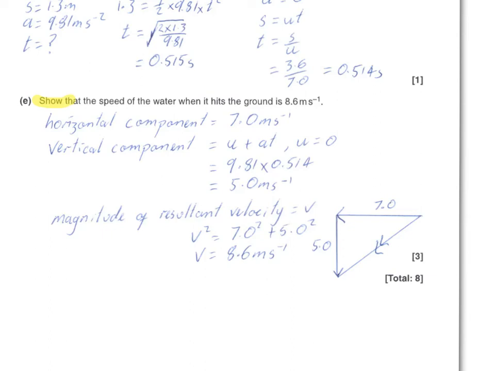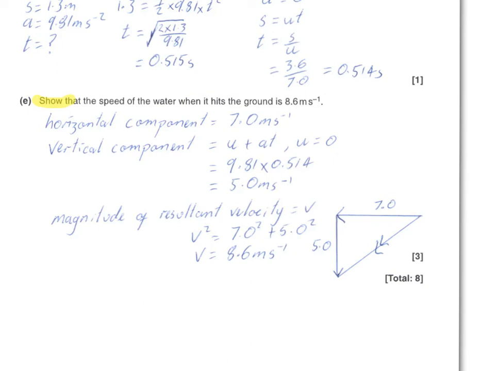But you do have to be very, very careful if you do that, because what you can't do is put in a u of 7. If you put in a u of 7, it happens to give you the right answer of 8.6. But if you're doing that to find out the final vertical component, that's not accurate physics. Vertically, the initial velocity is 0. So if you're using v squared equals u squared plus 2as, that's fine to find the vertical final velocity, the vertical v.